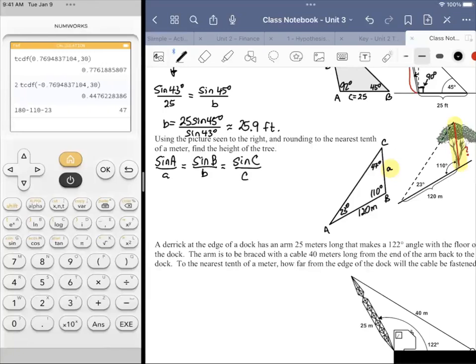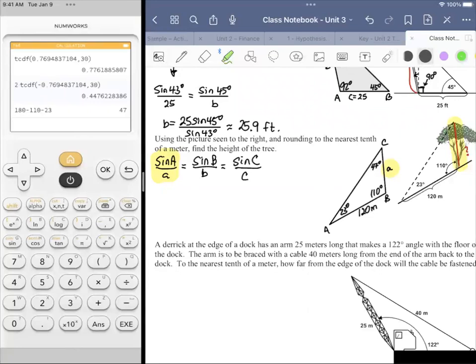All right. So I'm going to use the relevant pair of ratios. One that I want to incorporate definitely is the sine of A over A because it has the letter A in it. Now, if I know a side and the angle opposite that side, I want to incorporate that too, right?